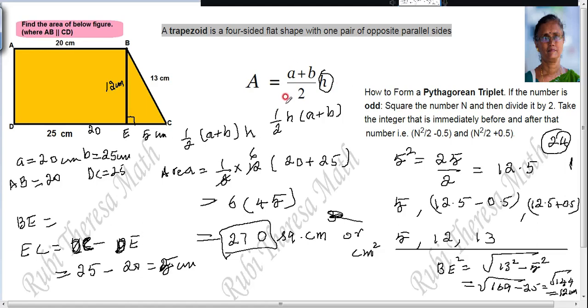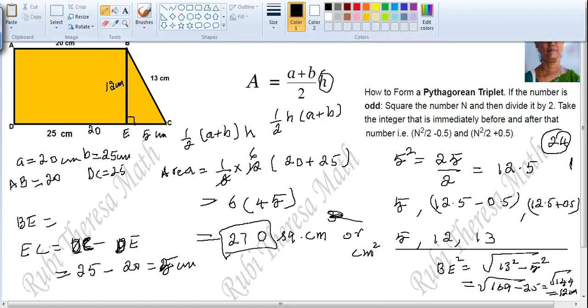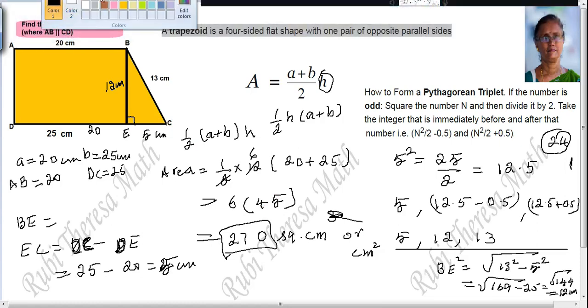Otherwise, area of the rectangle plus area of the triangle. Area of the rectangle is nothing but what?